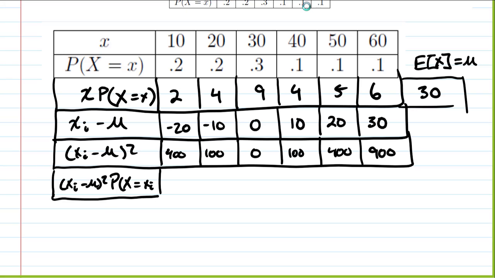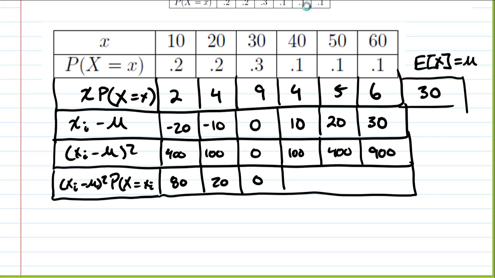So that's going to be this times our probabilities, which is row 2. So 0.2 times 400 gives us 80. 0.2 times 100 gives us 20. 0.3 times 0 gives us 0. 0.1 times 100 gives us 10. 0.1 times 400 gives us 40. And 0.1 times 900 gives us 90.